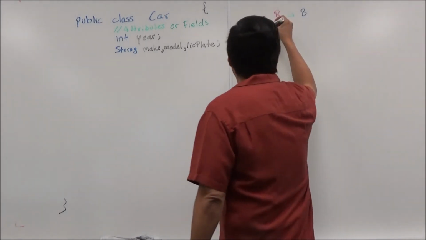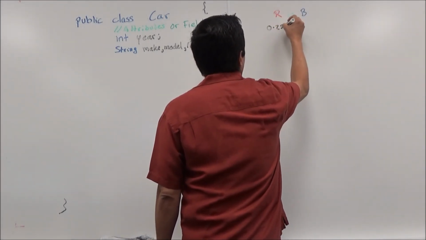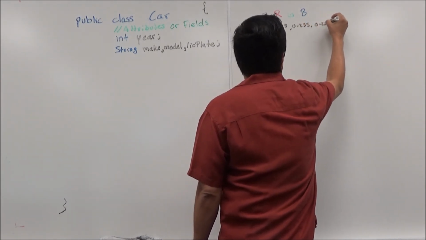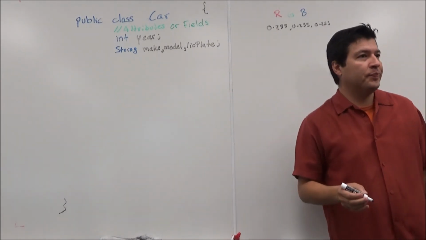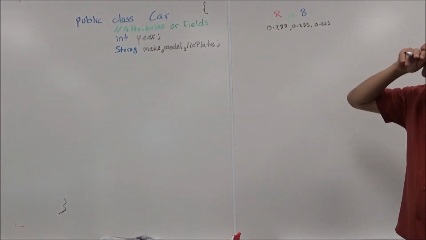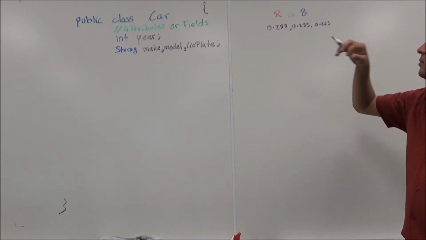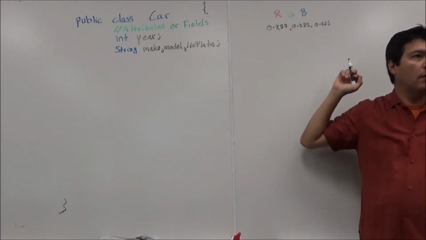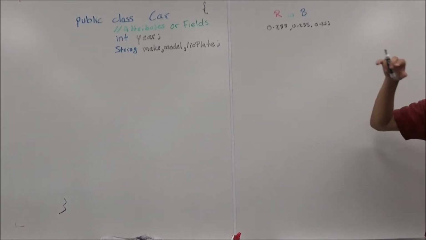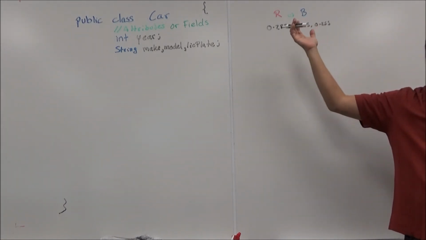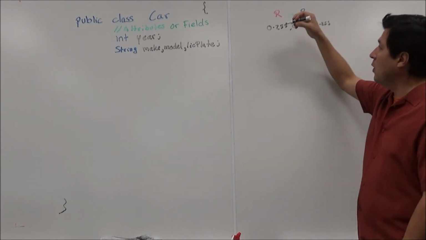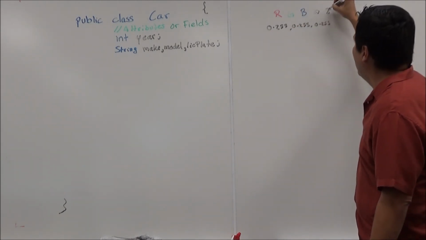So the values are from 0 to 255, right? For each one of them. So if I have 3 bytes here, right? So I have 3 times 8 bits. I have 24 bits, right? So that's what's called 24-bit color.